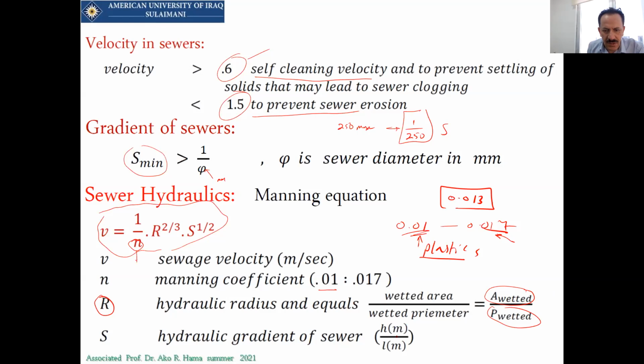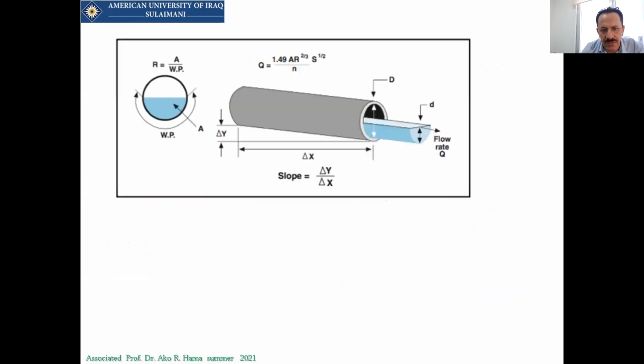This is what I told you, that in sewers it should be greater than the minimum, which is 1 over d, with d in millimeters. So the head loss divided by the length of the pipeline should be greater than 0.1025.